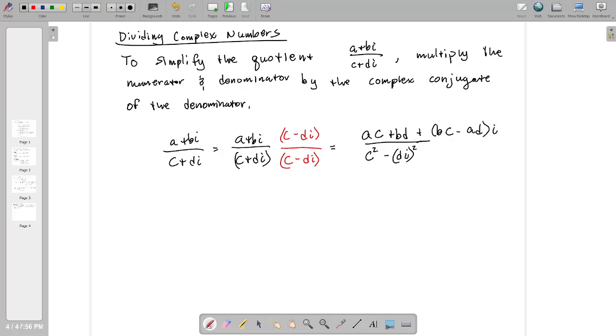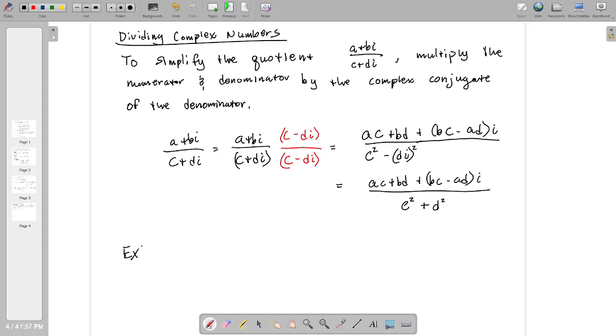Now remember, when we square the i, we're going to get a negative 1. So this will become ac plus bd plus bc minus ad times i, divided by c squared. Now when we have this i squared, it will become negative 1 and it'll cancel this negative. So we'll end up with c squared plus d squared.